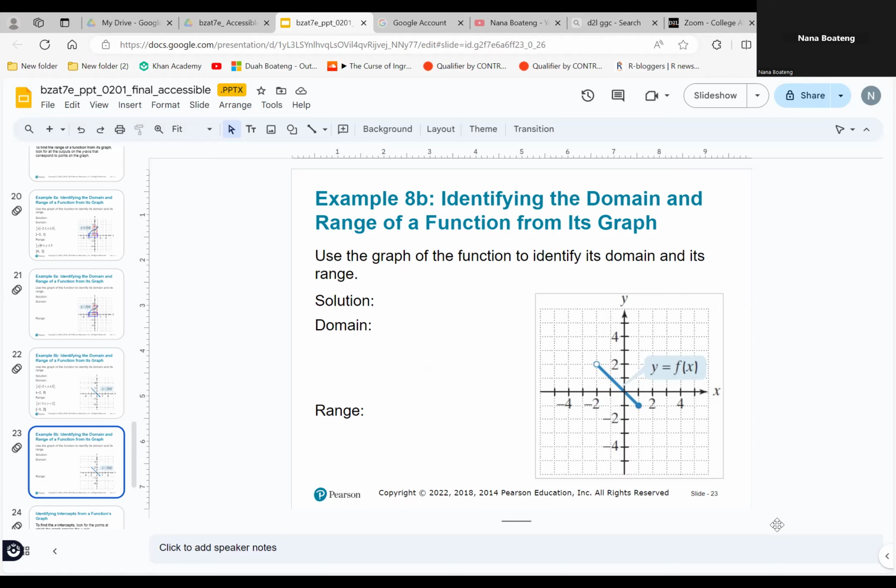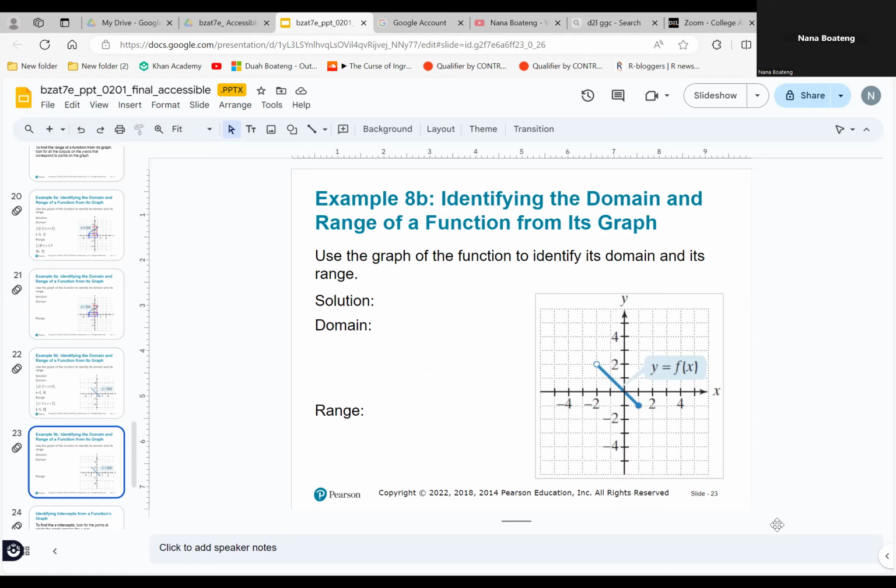But remember, at -2 the point is not shaded, so that means it is an open interval at the -2 point. So x is greater than -2, but less than or equal to +1.